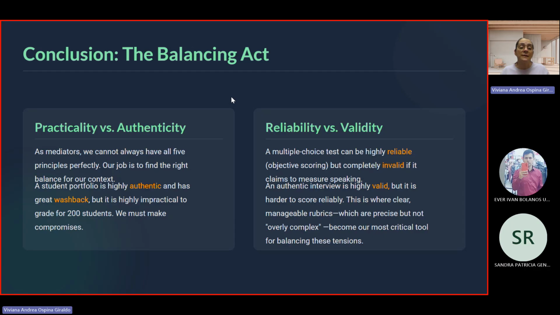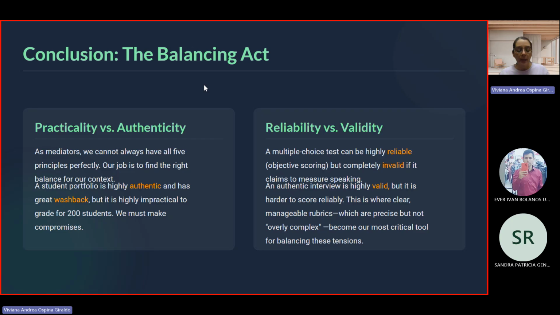Because if I give an activity to my students, I have to be able to read their production. Otherwise, we won't know if they are progressing. And how do we balance reliability and validity?